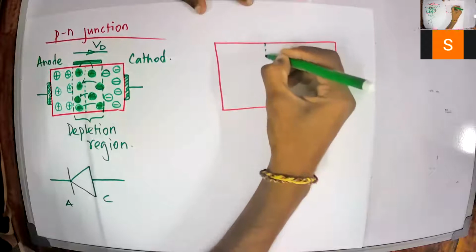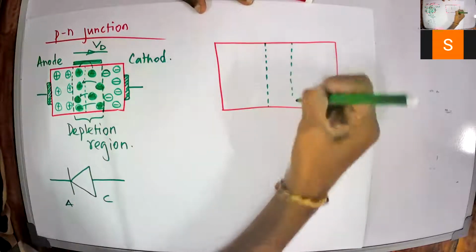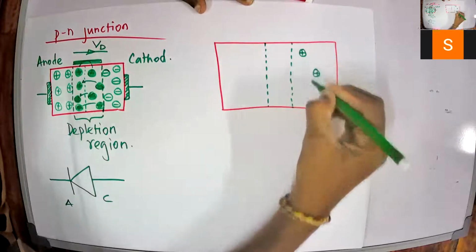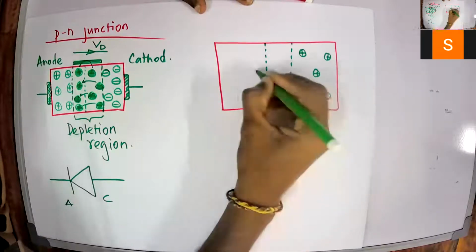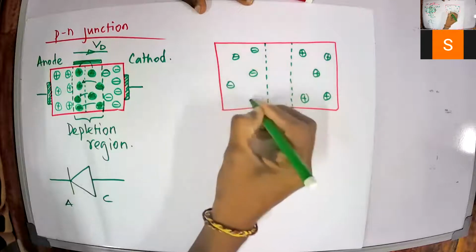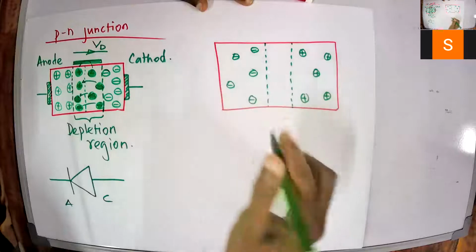I have a depletion region here. These are holes and these are minuses.